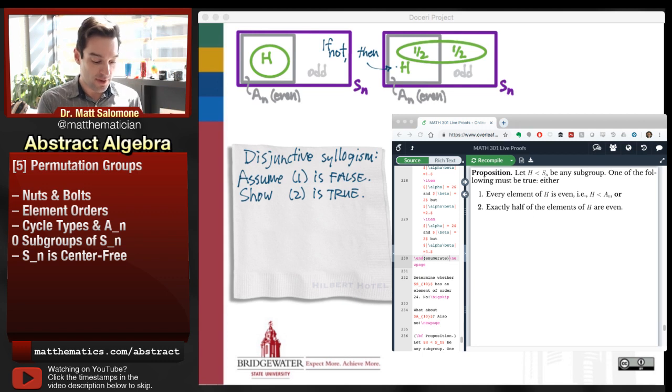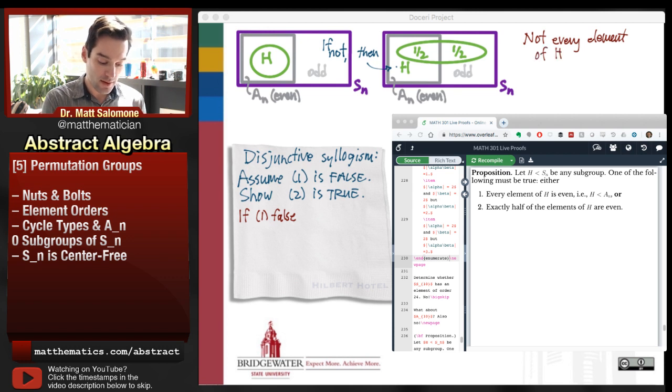Let me try and flesh out a proof of this on a napkin. So if 1 is false, that means that it's not true that every element of H is even. So what we can say is not every element of H is even. That's my assumption that I'm working on.